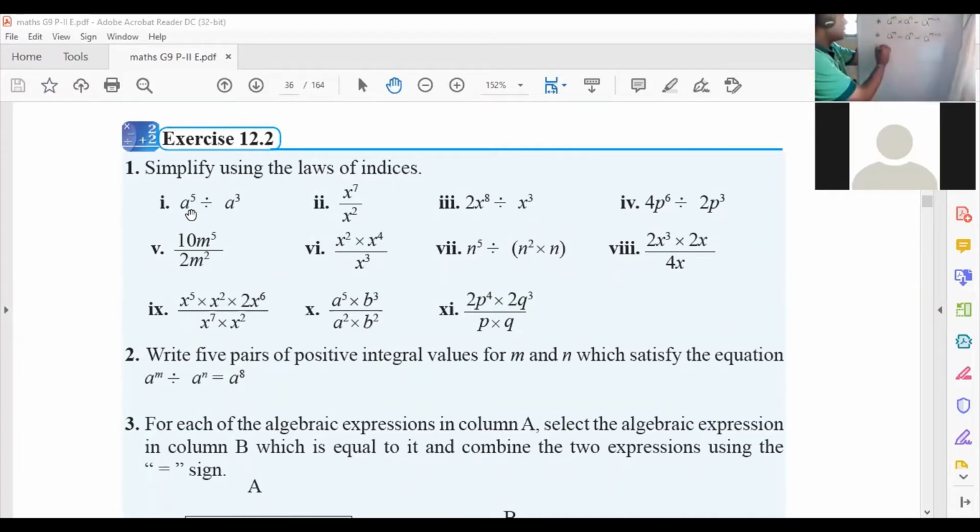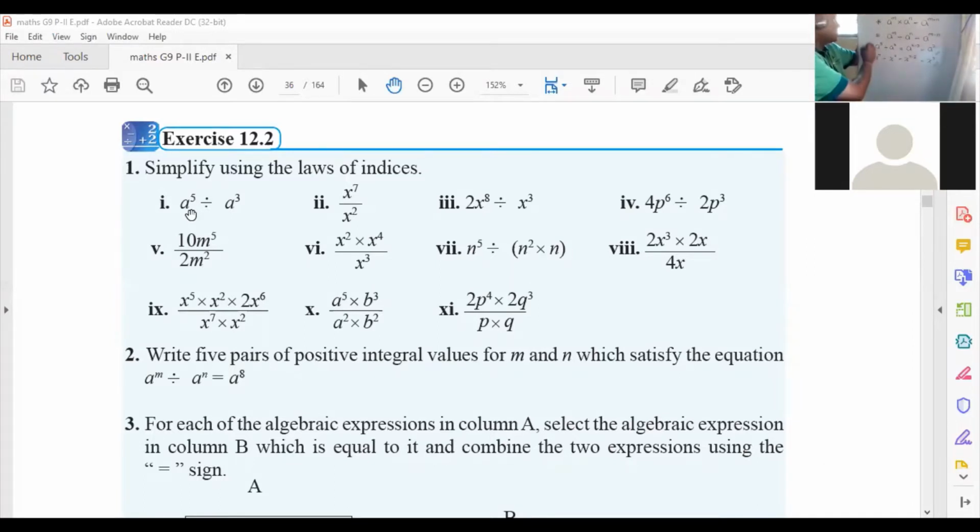So a to the power 5 minus 3 is a to the power 2. The second example, x to the power 7 divided by x to the power 2. Subtract the indices, then x to the power 5.